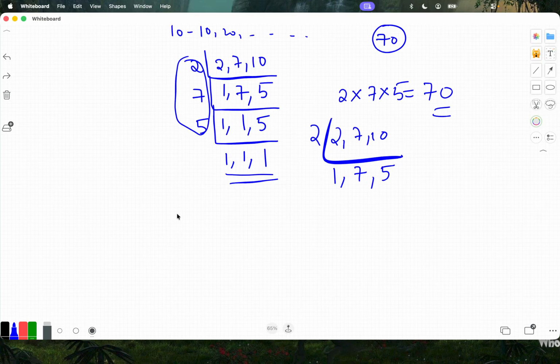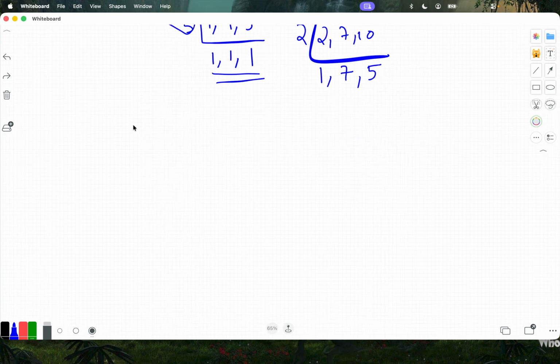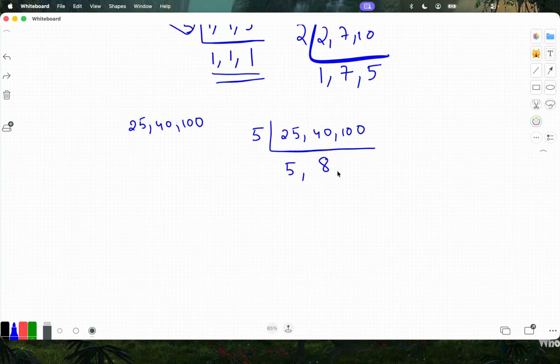We will solve a few more problems. Let's say 25, 40, 100. Let's do this method with 25, 40, 100. Everything can go in the 5 table. 5 fives are 25, 5 eights are 40, and 5 twenties are 100. Again here you can see 5 and 20 have a common factor.